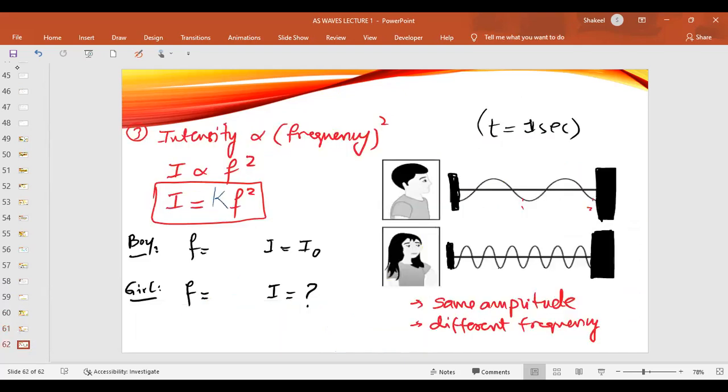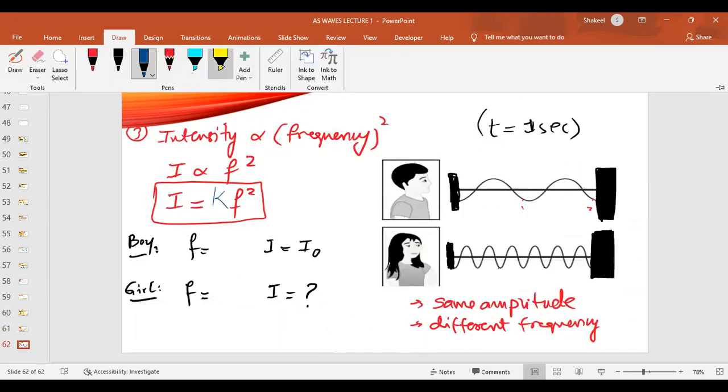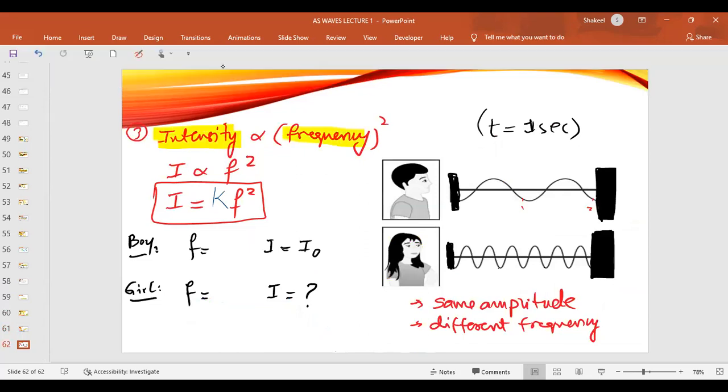Okay, the last factor is that intensity is directly proportional to frequency square. So let's say a boy is talking, and his sound wave is going to the wall. And when a girl is talking, many more sound waves are going to the wall.